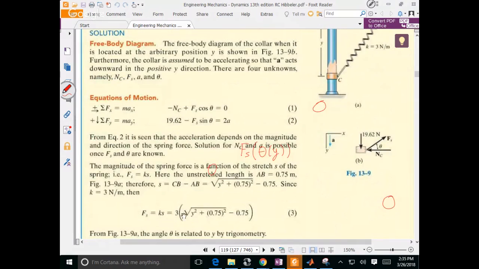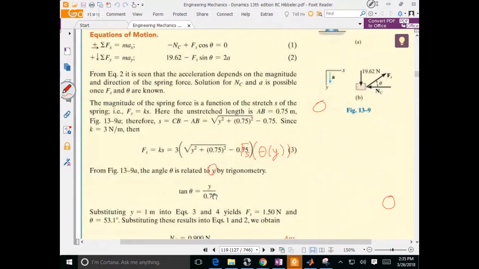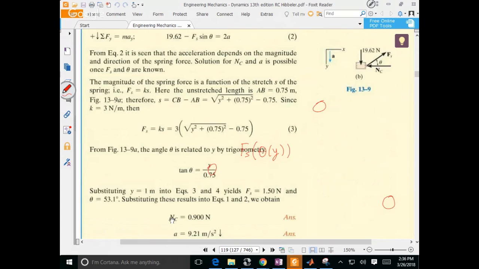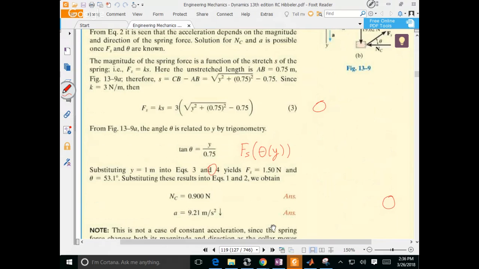Turns out you can go in and do Fs and have this actual value. That's great. That gives you the magnitude as a function of y, but the direction comes from trig. And then you take this component and this one and put it back in these two to get the compressive load, or rather the normal load on the collar, and then the acceleration at that point.